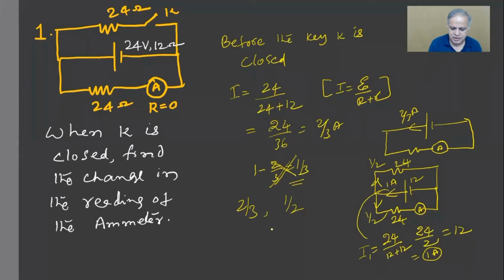So the change is half minus 2 by 3 or 2 by 3 minus half, because we want only the number there. 2 by 3 minus half. How much is that? 1 by 6.